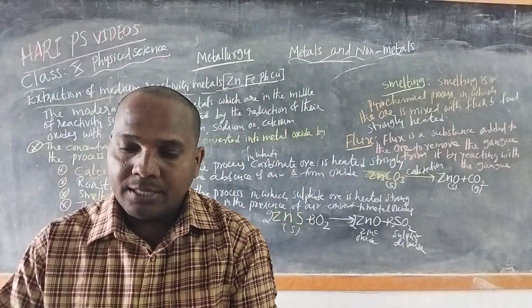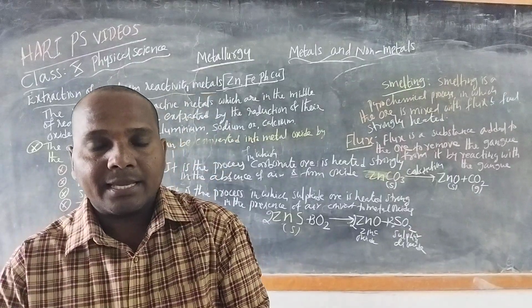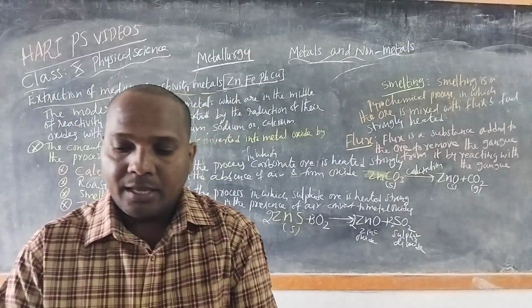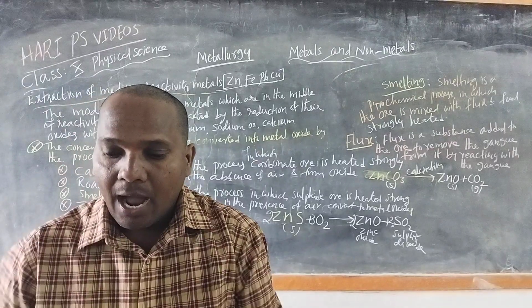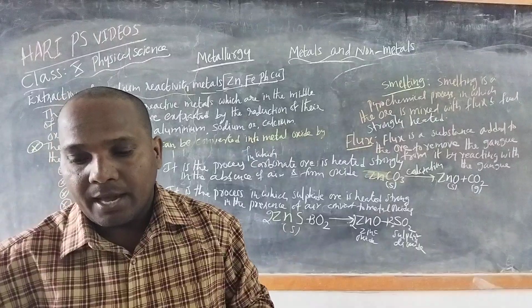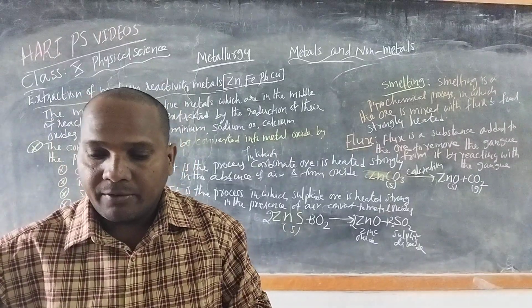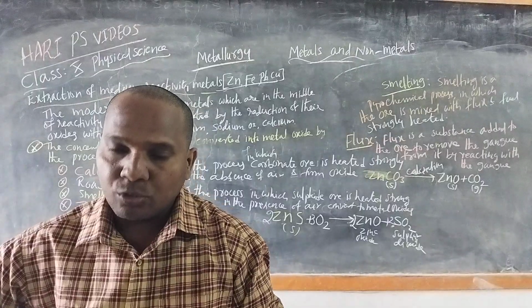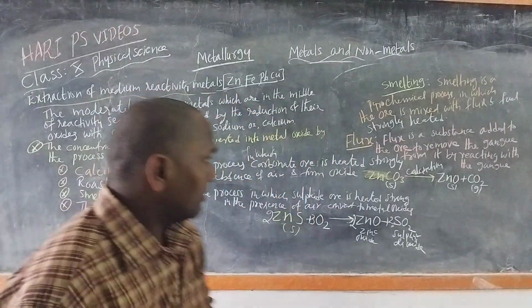If the impurity is an acidic substance like SiO2, a basic substance like calcium oxide is used as a flux, and if the impurity is of a basic nature like FeO, an acidic flux, SiO2, is added. There are two types.